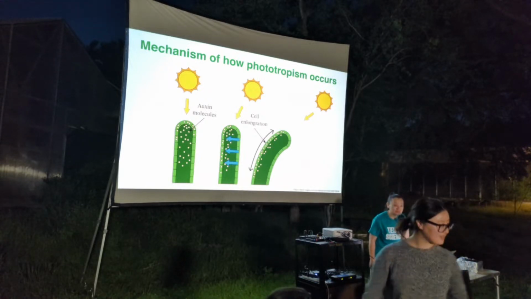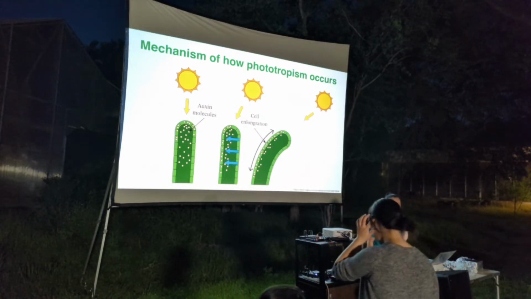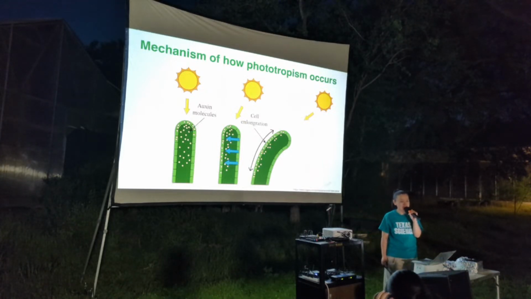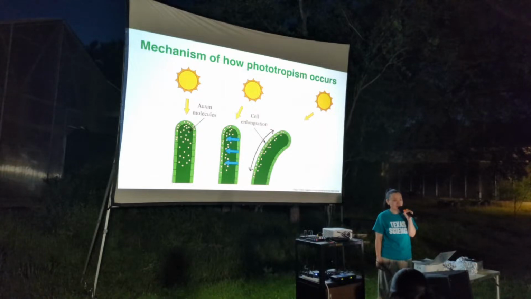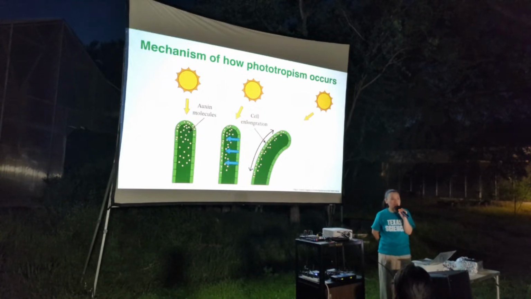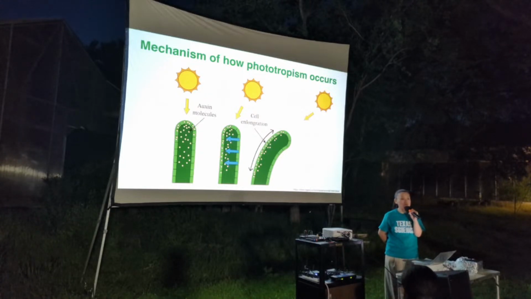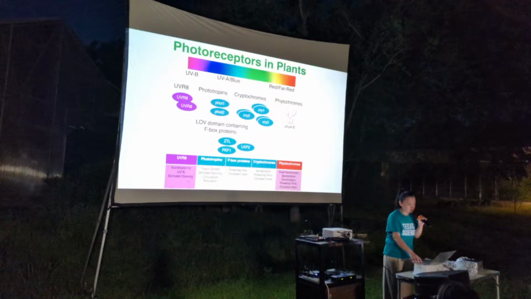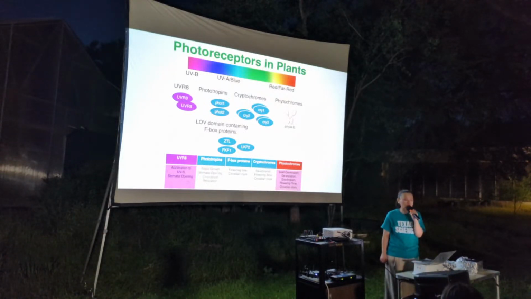How does heat affect this? It seems really related to the light. Yes. And I only saw one variable that mentioned coldness, but it seems as if heat might be. So actually, heat stress is also related to those photoreceptors.